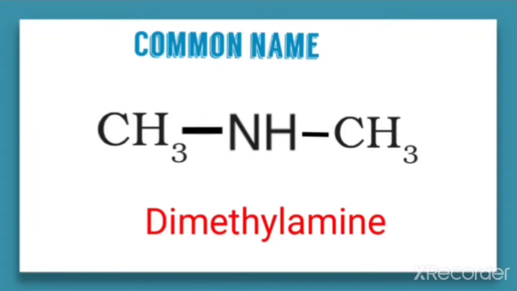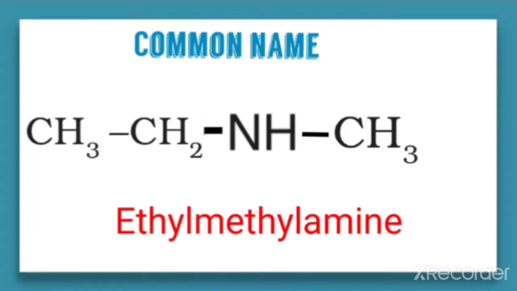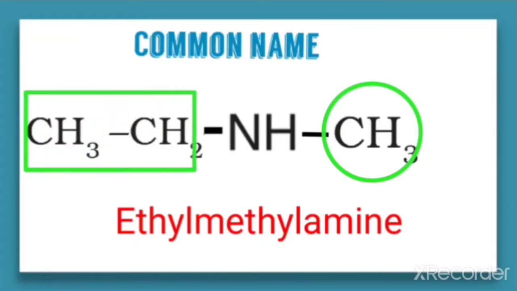Next, if there are two different alkyl groups like this, one is the methyl group and the other one is an ethyl group. So when two different alkyl groups are attached to the nitrogen, in that case, how do we name this one?